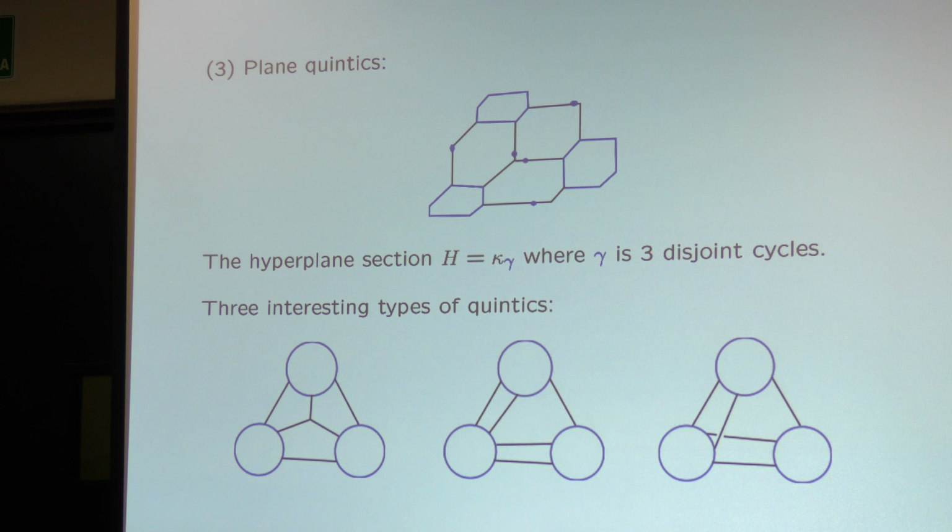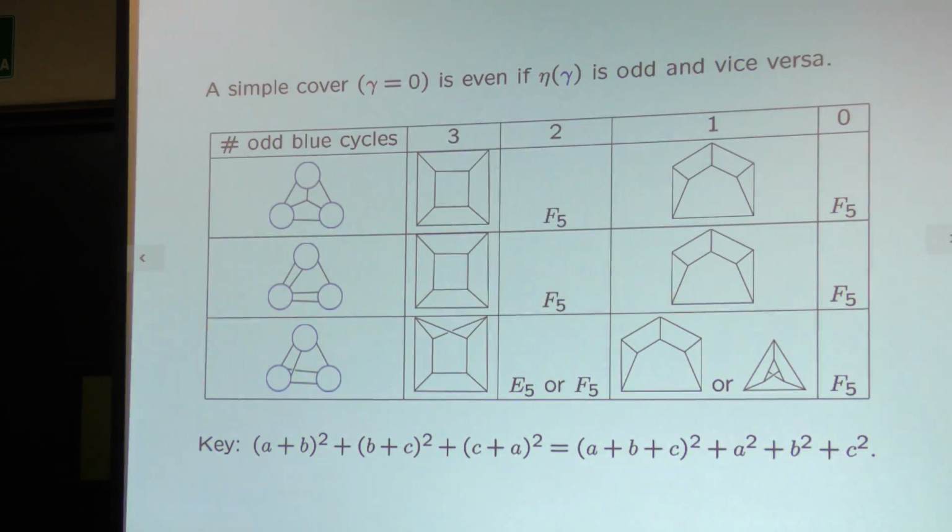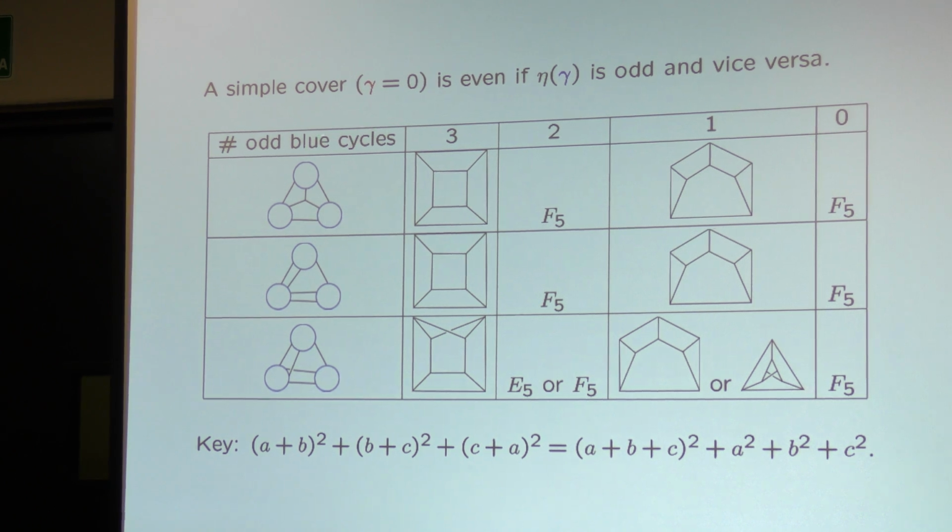All right, so let me do the classification. Again, for every type we have 64 possible colors. But you have to notice something, one important thing. If you try to translate this theta characteristic being even or odd into the tropical setting, for simple colors it is actually easy, because every simple color has a unique complex color over it.